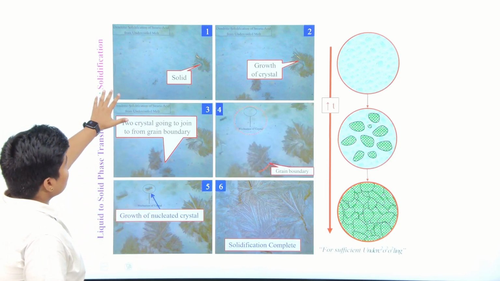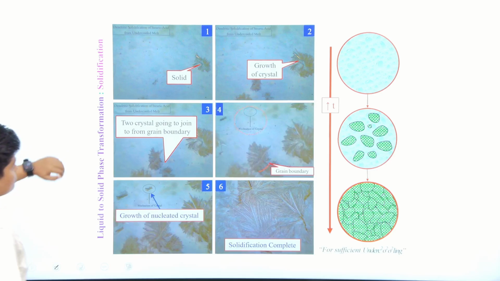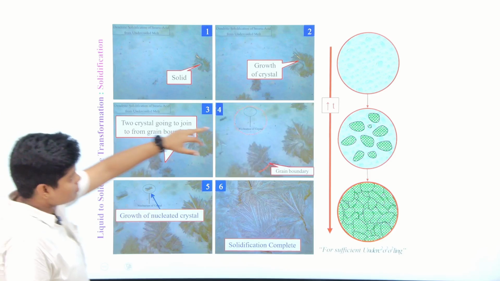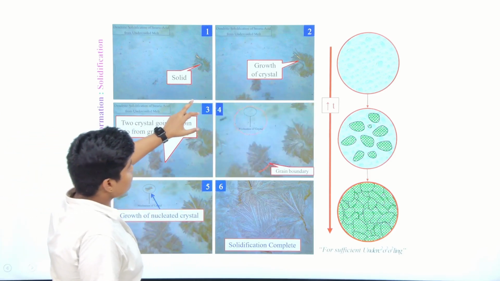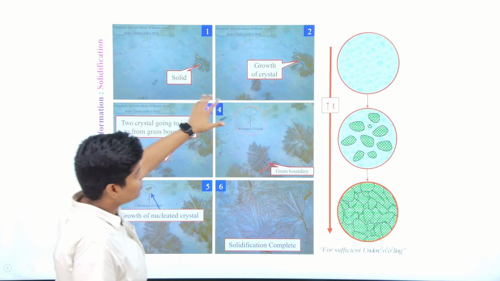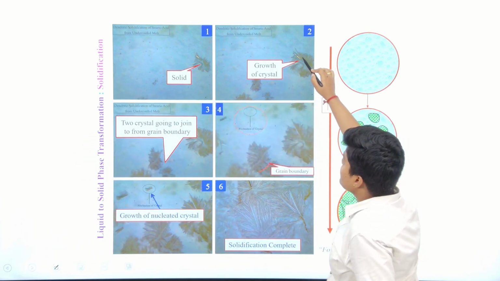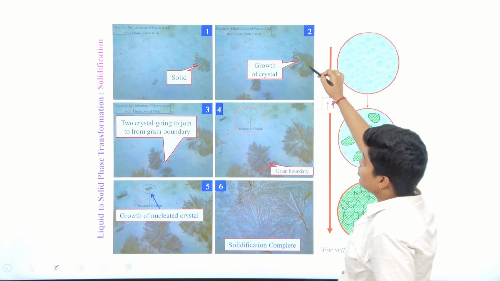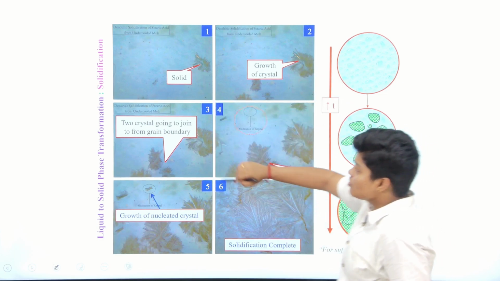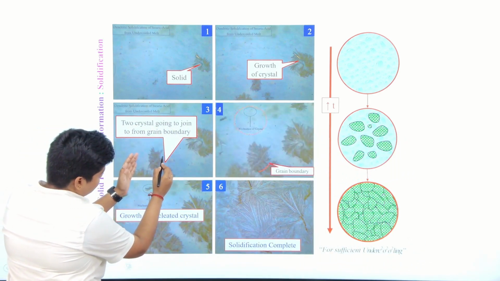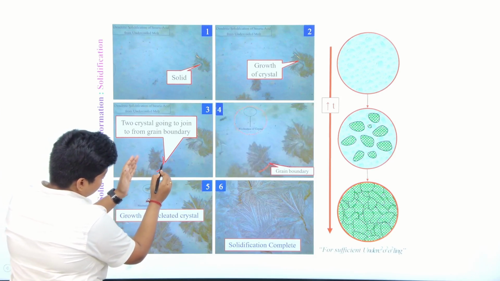So this is the liquid to solid phase transformation, that is solidification. First, this is the liquid like this. First, some solid or stable nuclei will form. Then, as we are talking about the tree-like structure, the growth of the crystal will happen, so that when two crystals join, the boundary is known as the grain boundary.